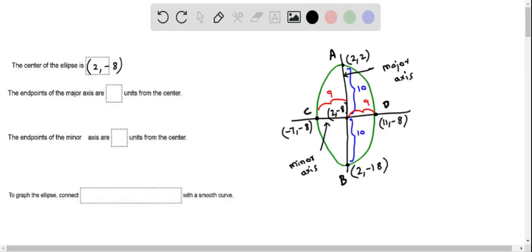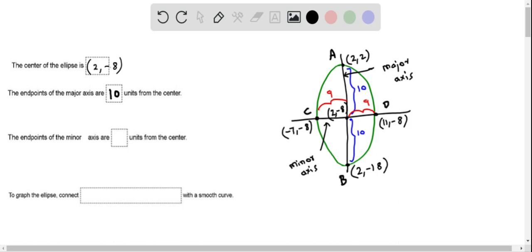Here I have drawn the ellipse using the endpoints of the major axis and minor axis. Clearly, A and B are the endpoints of the major axis, and the points C and D are the endpoints of the minor axis. And we see from this ellipse that the point A, one of the endpoints, is at a distance of 10 units from the center. So we say that the endpoints of the major axis are 10 units from the center.